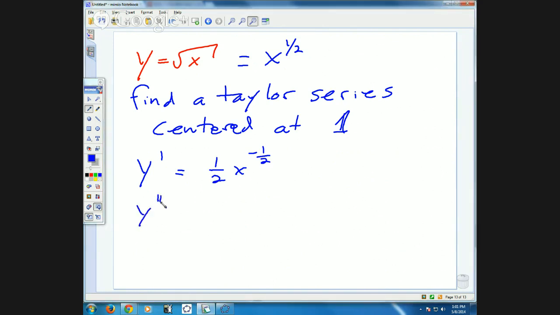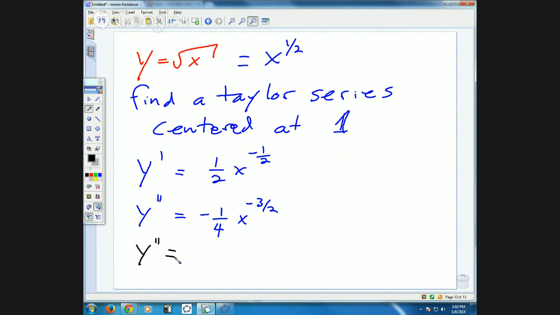Second derivative. Well, that's going to be bring down the power again. So what is that? Negative 1/4 times x to the negative 3/2. Third derivative.